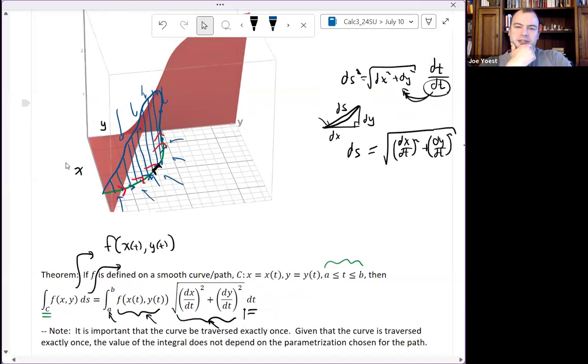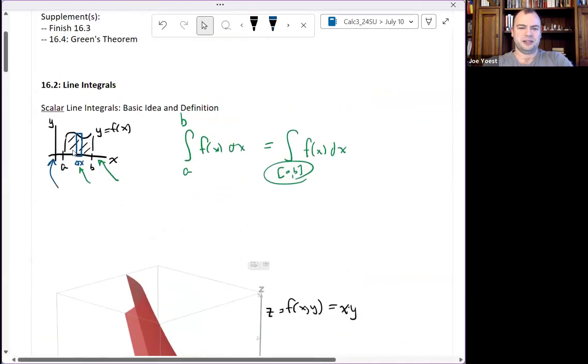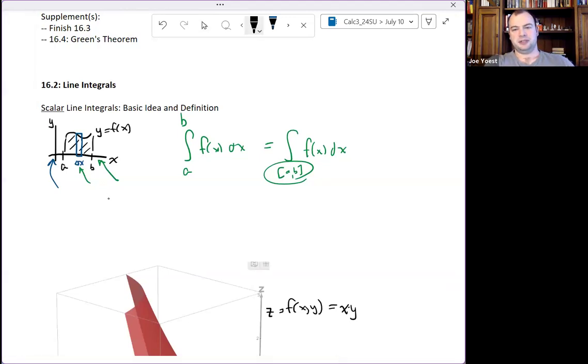One little note on that is we might actually say, well, wait, doesn't the area change if we go the opposite direction in an integral like this? Don't we have the integral from a to b of f of x dx is negative the integral from b to a of f of x dx? And the answer is kind of yes, but it's because delta x always goes in one direction, right?